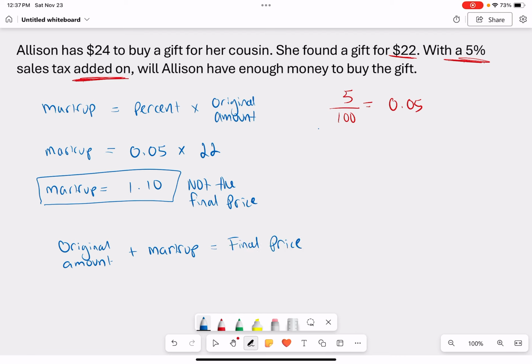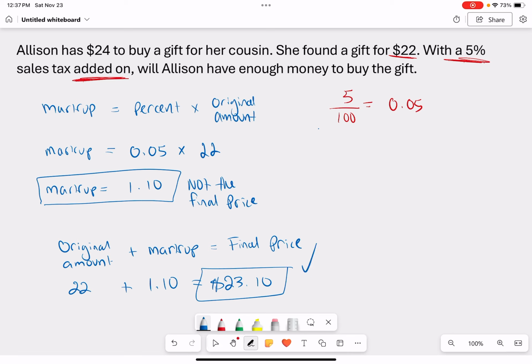So the original amount of the gift is $22 plus markup, which we just found to be $1.10, is equal to $23.10. This is how much it will cost for Allison to buy the gift with a 5% sales tax added on. So with $24 that she has, she actually will have enough money to buy the gift.